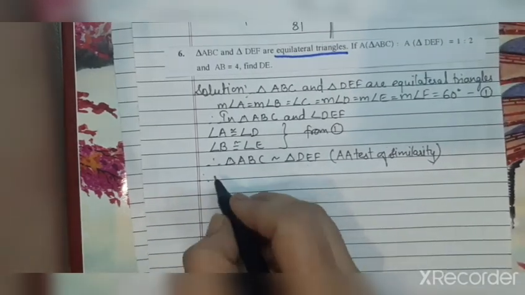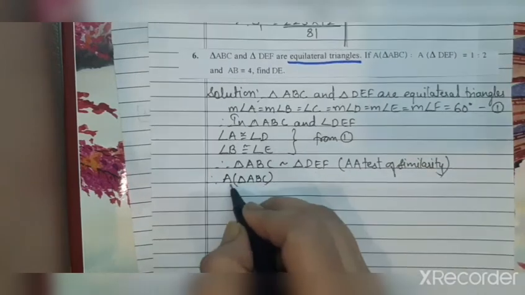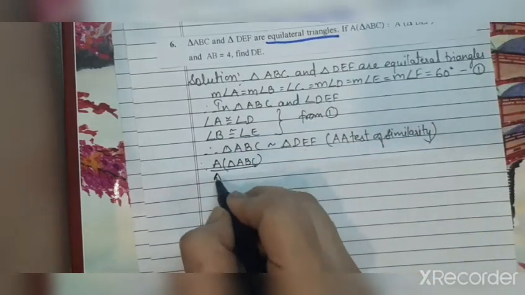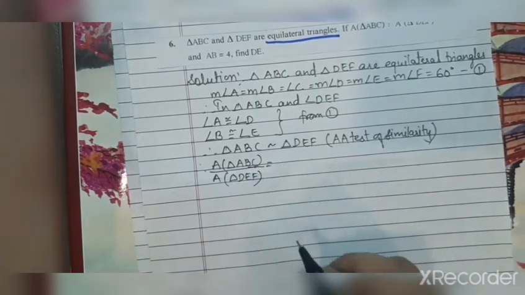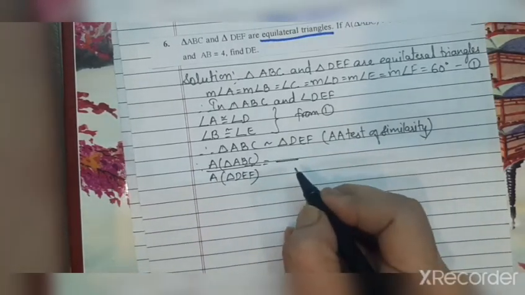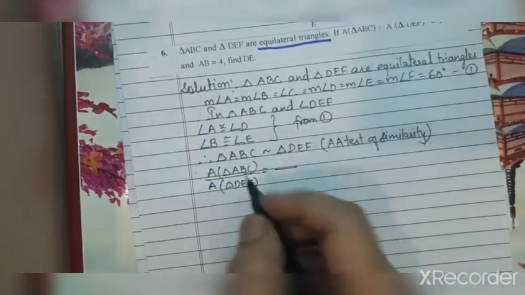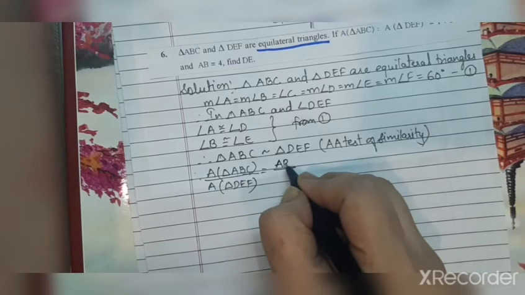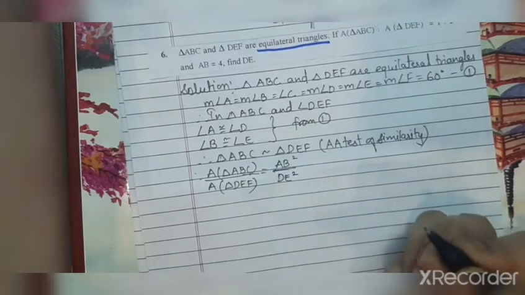Therefore, what does the theorem say? That the ratio of their areas is equal to the ratio of the square of their sides. Now, which sides are we concerned with? AB and DE. So, for this triangle ABC, I will take AB square, and for DEF, I will take DE square.